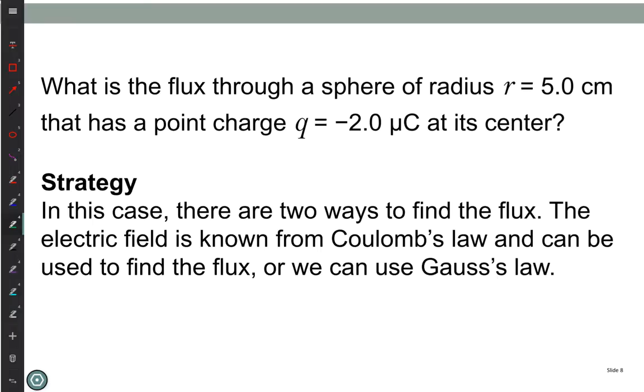Remember I said when you're actually solving problems, you need to do the two separately for getting to your answer. I could have also done it by calculating the flux using Coulomb's law. Coulomb's law says that the electric field out there is KQ over R squared.